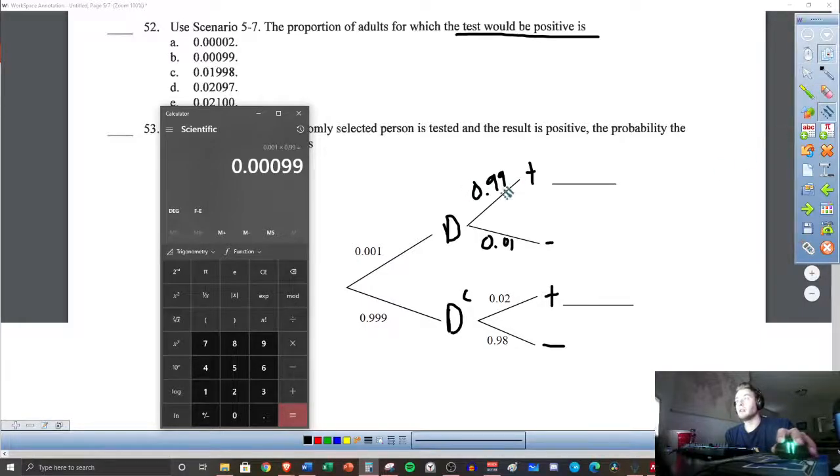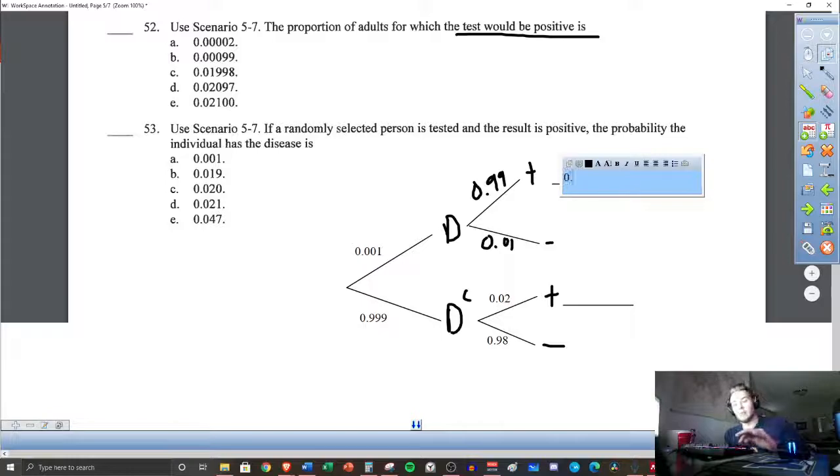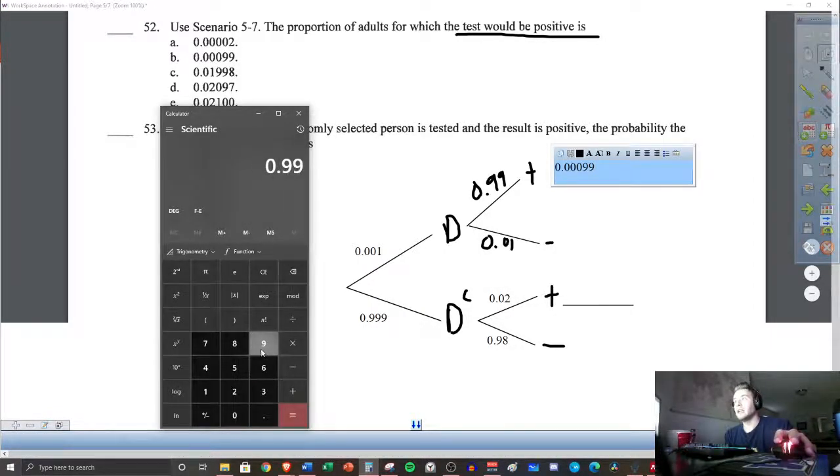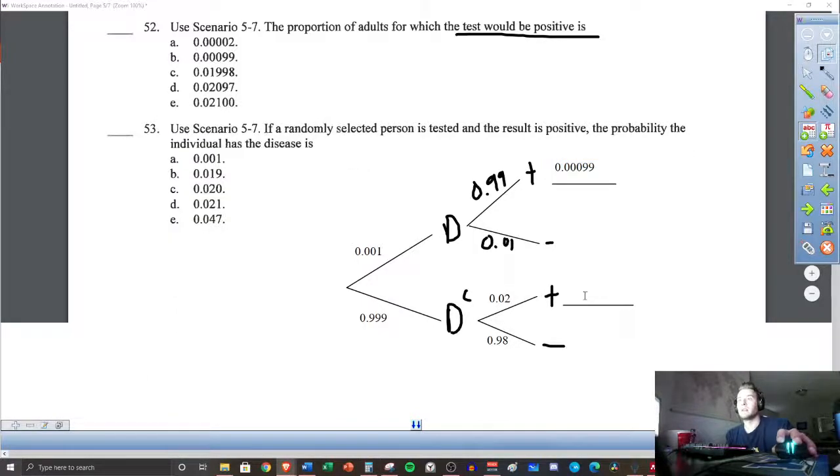That's a very small number, so 3 zeros and then 99. So we're going to put that, 0.00099, there. And then we also want to find this one, so we need 0.999 times 0.02. So this is the false positive rate. Okay, so we have the true positive rate here, given that you have it.